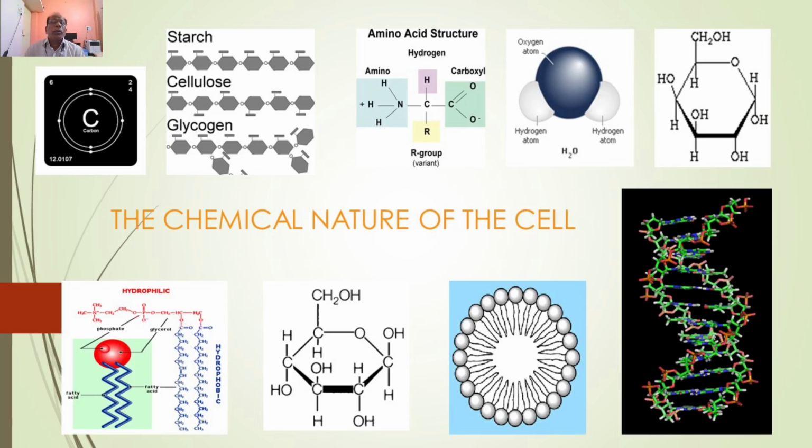These are some of the important components of the cell which are useful for the formation of different components of the cell, such as the cytoplasm, the nucleus, the plasma membrane or cell membrane, even different types of cell organelles present in the cell cytoplasm, which are also composed mainly of proteins, fats, carbohydrates, minerals, water.